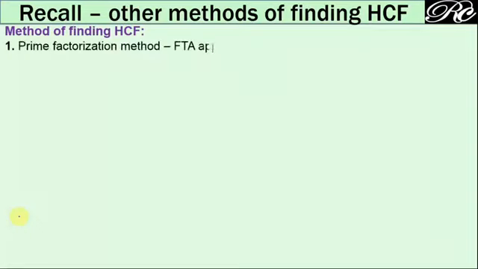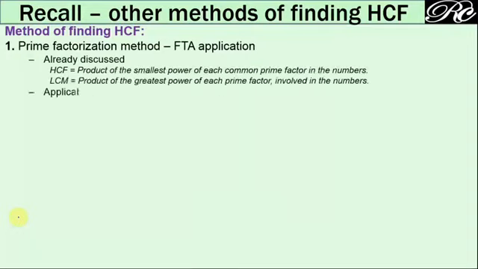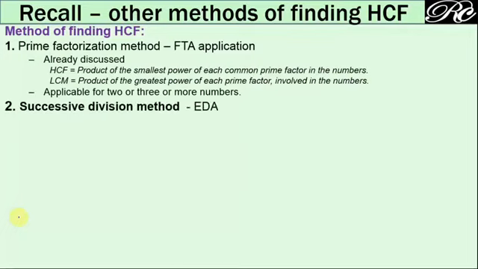The possible methods of finding HCF are enumerated here. The very first method is the prime factorization method. This is done by applying the fundamental theorem of arithmetic, writing the given numbers as a product of their prime factors, then choosing the factors accordingly depending on whether we need to calculate HCF or LCM.